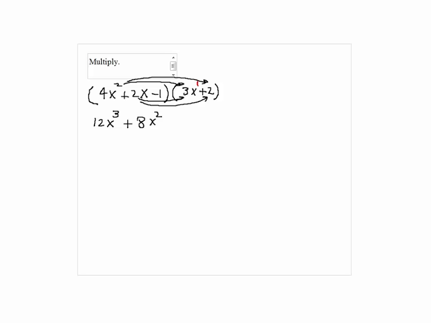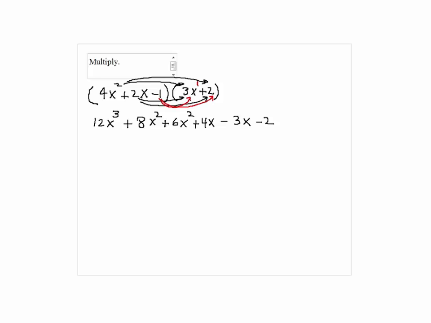Notice the exponent here is 1. Plus 4 times 2 would be 8x to the power of 2. Then we multiply 2x by each term in the second binomial. 2x times 3x would be plus 6x to the power of 2. Then we have plus 4x.